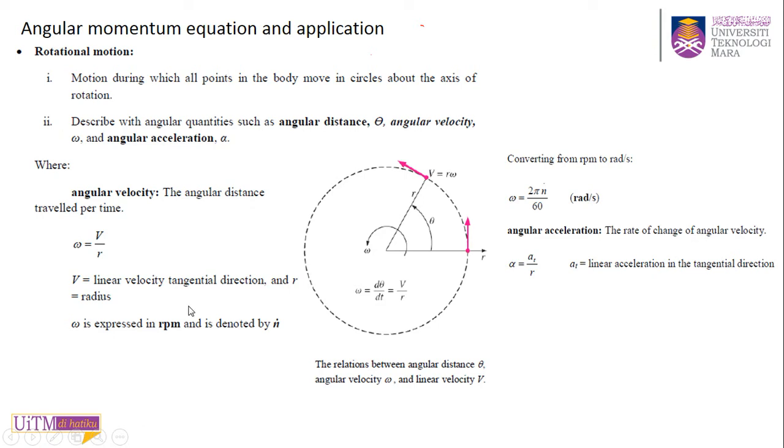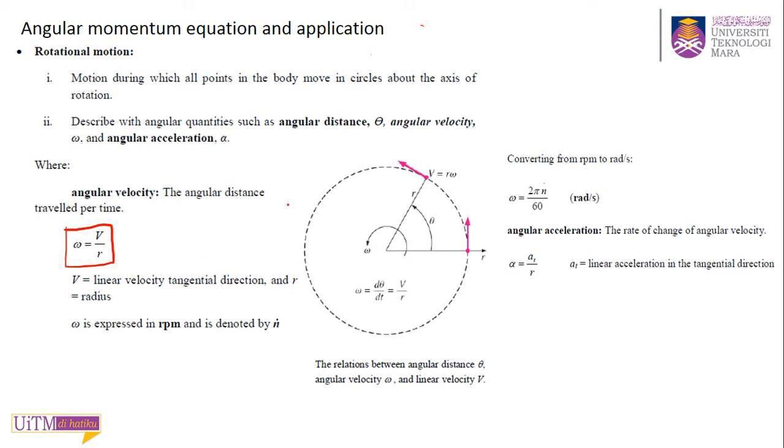So that's your angular velocity in revolutions per minute, denoted by n dot. Okay. If any of you are curious how you get this equation, V over R, it is very easy.